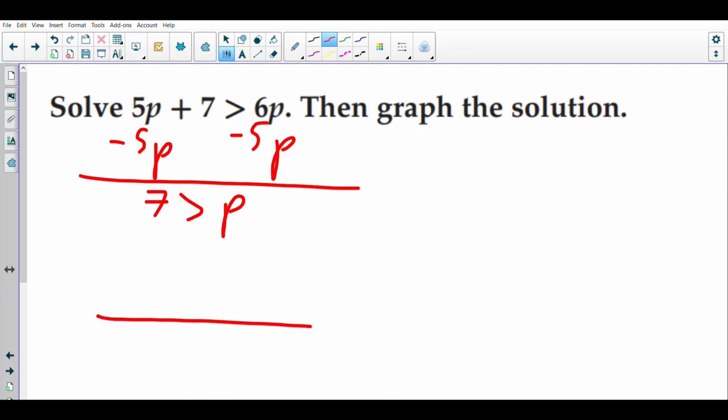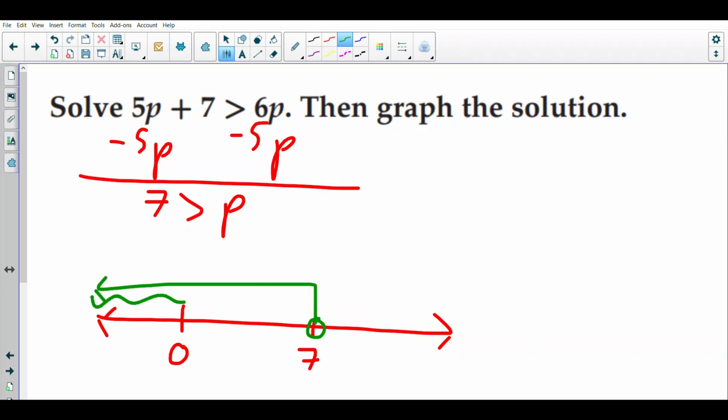Now I can draw my graph. Arbitrary 0, and I go to 7. First off, it's just a greater than, no equal to, so that means it's an open circle. The variable is on the right, so I go opposite. It's pointing to the right, that means I go to the left.